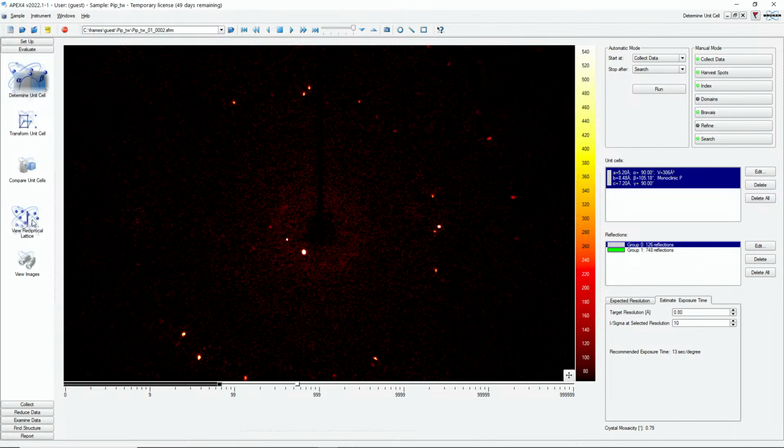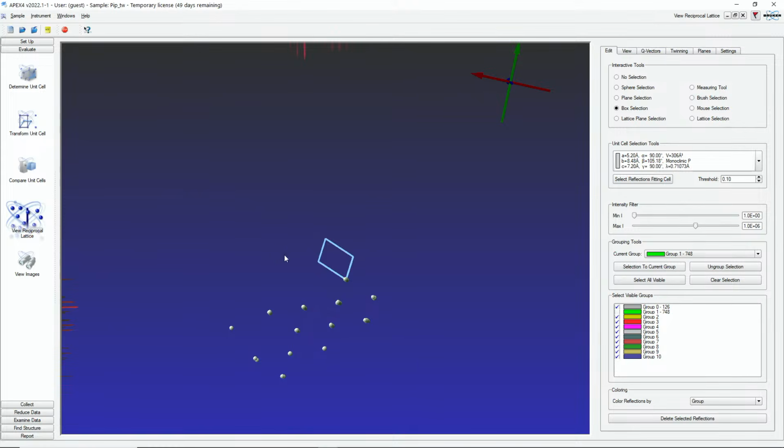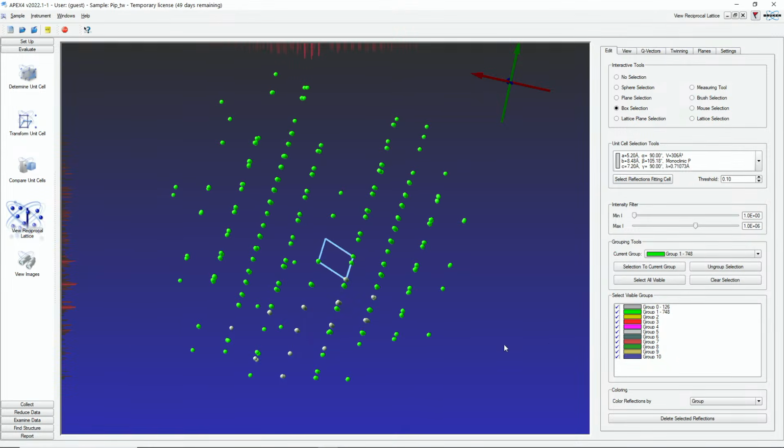Now, when we go back here, you see this is the unit cell that it has found, and it finds the right unit cell just because I filtered these out.